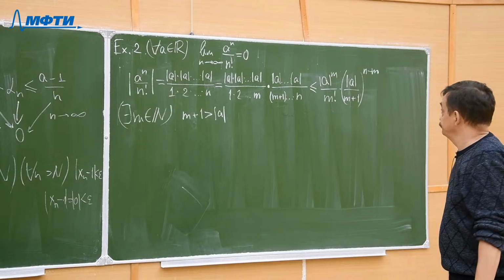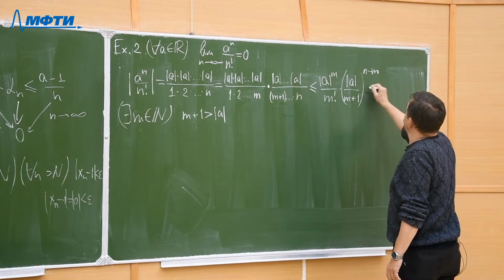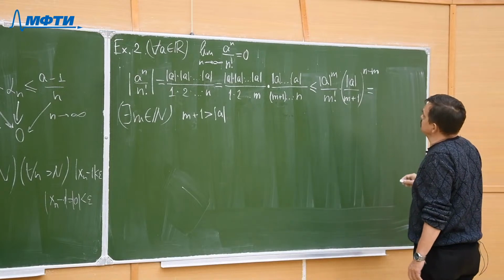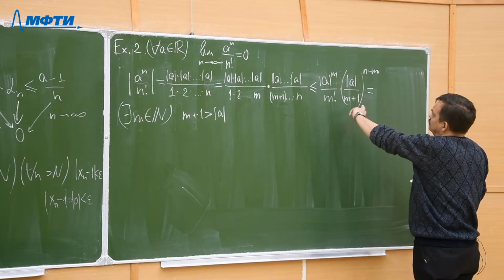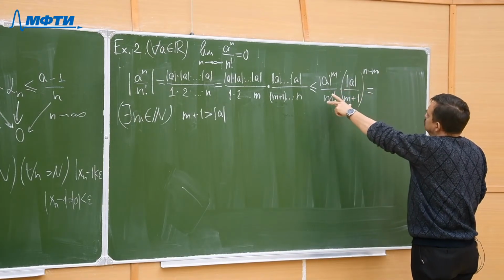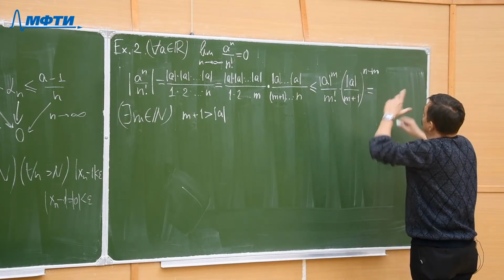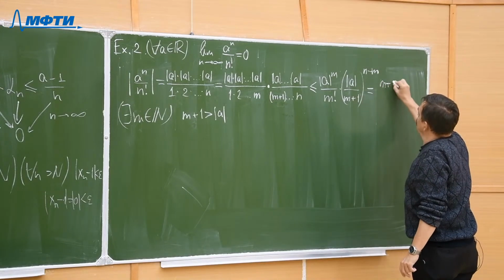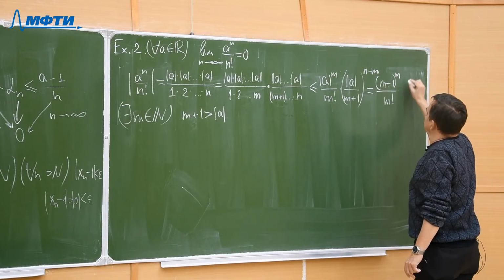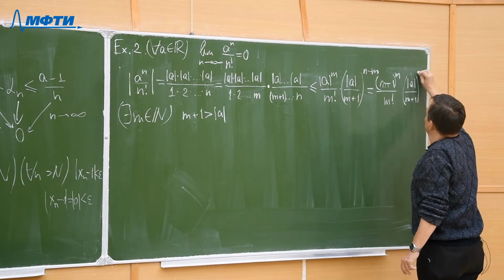That is the estimate. So now I can use properties of powers, so we may rewrite it as a to the power, okay, let it be, m plus 1 power m over m factorial times modulo a over m plus 1 power n.